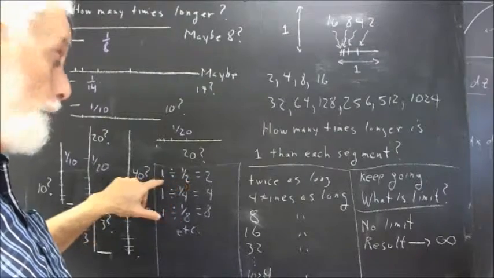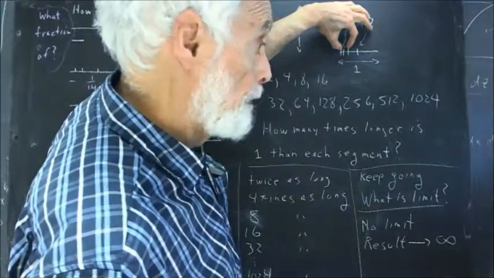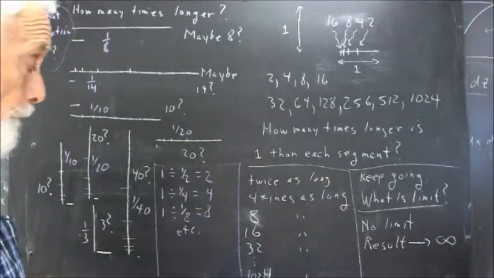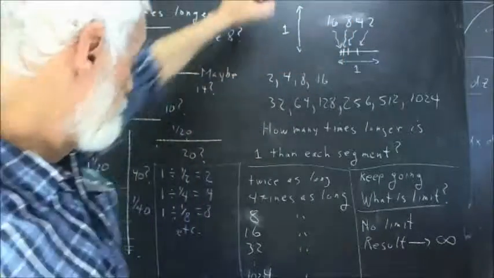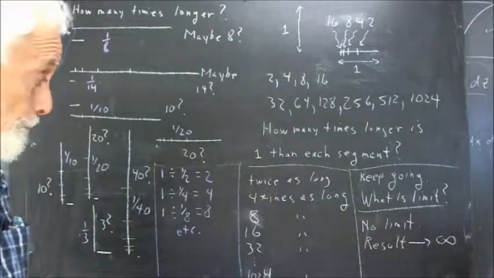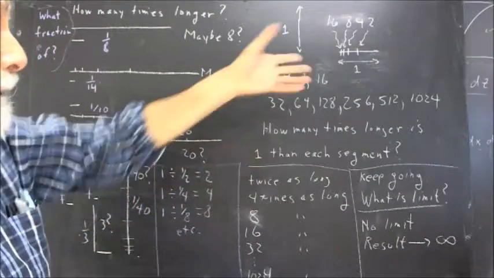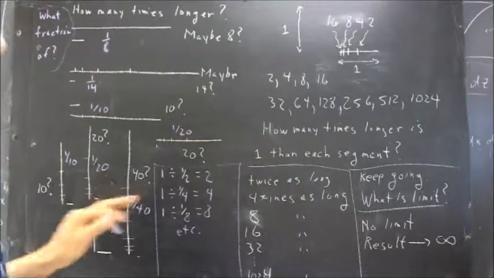Okay, how many times this number will go into this number. When we use this segment, it takes 4 of these, so we say that 1 divided by 1/4 is 4. Or then 1 divided by 1/8 takes 8 of those, that's going to be 8. It's not just numbers to remember and memorize, it has a meaning. It's the meaning of division.